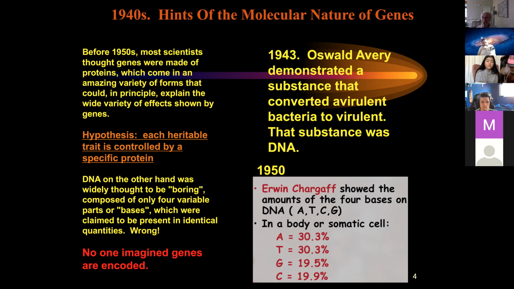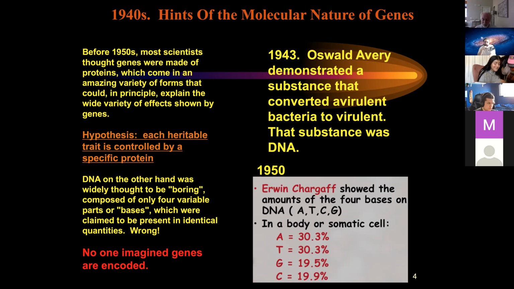Well, people didn't believe it because they said, it can't be DNA. His DNA fraction was contaminated with protein. And there was no way to prove that that wasn't true. So no one believed it, or almost no one believed Avery.